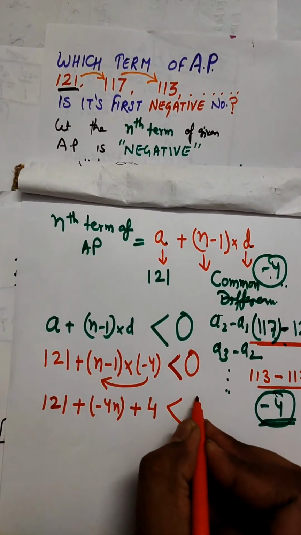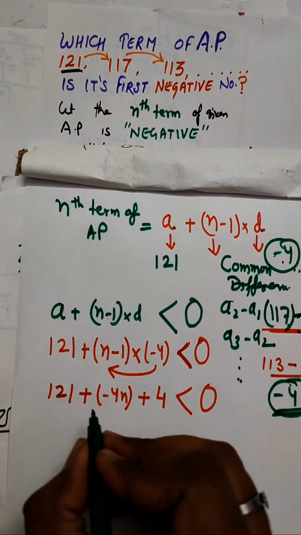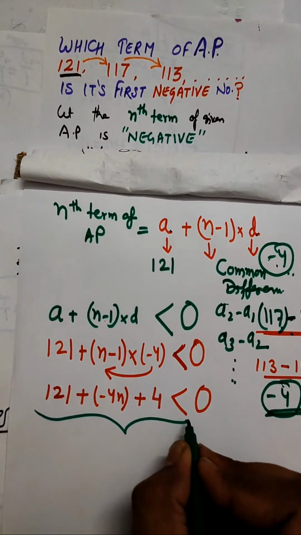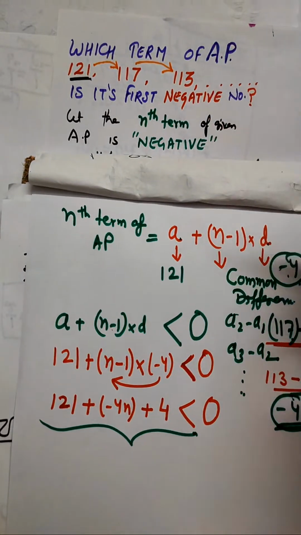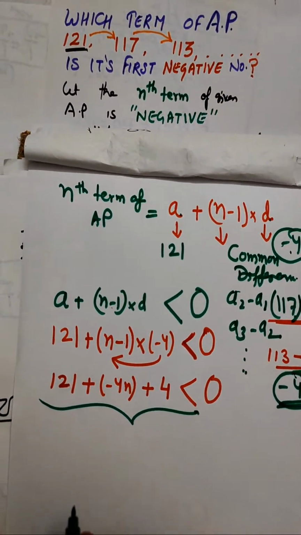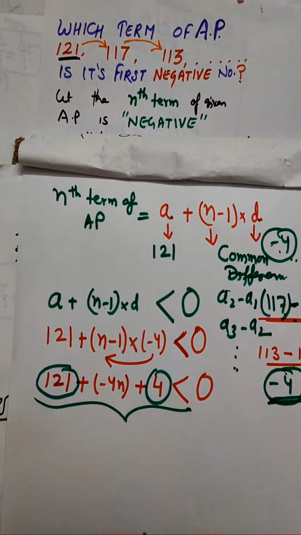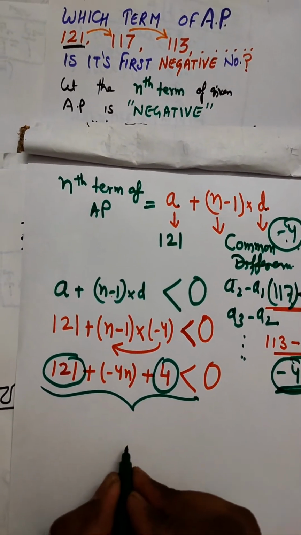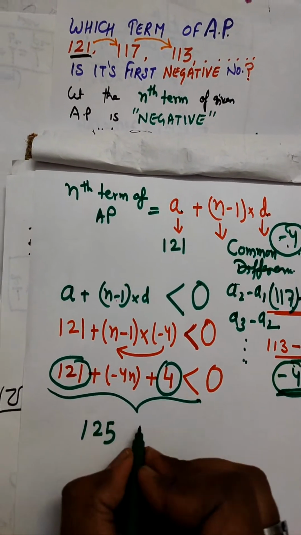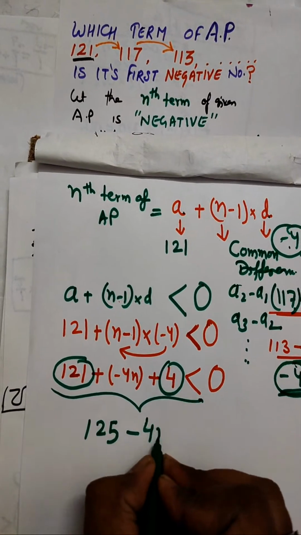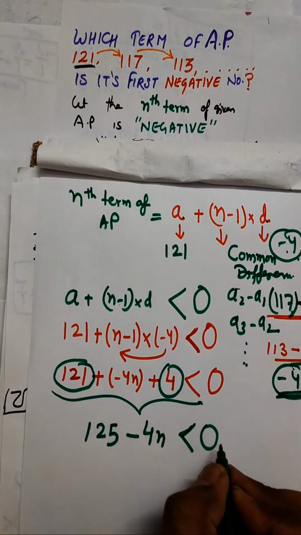And all this value will be less than 0, not less than or equal to, sorry, because this is a negative term, the negative number which is coming in the series of the given AP in our question. Now, add the constants together. So 121 plus 4 will be 125, and minus 4n will be as it is, and the inequality sign less than, and here 0.